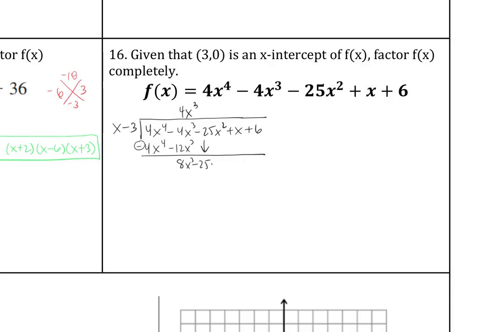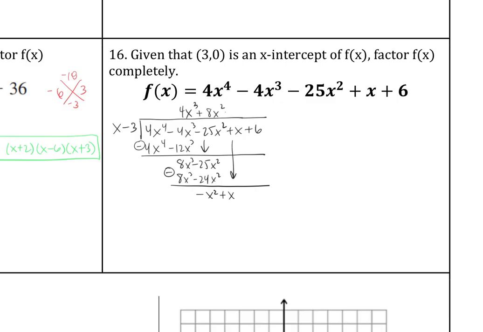Drop the -25x squared. We're going to multiply by positive 8x squared and get 8x cubed minus 24x squared and subtract. Negative 25 minus negative 24 is negative x squared. Drop the x.